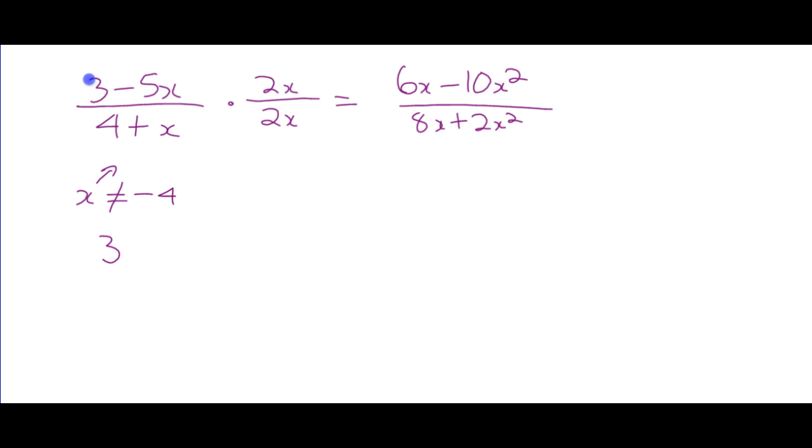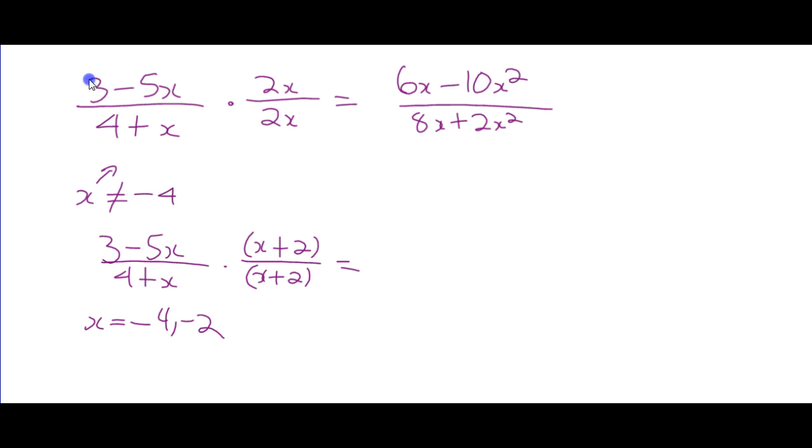Now what if we make it more complicated? So (3 - 5x)/(4 + x), but I'm going to multiply by (x + 2)/(x + 2). What are my restrictions here? -4, and here, -2. Now, when you see binomials, it's a good idea to put parentheses around them. You're going to have to FOIL this out.